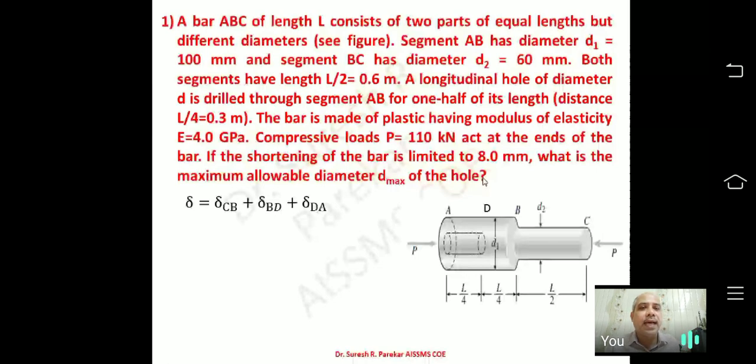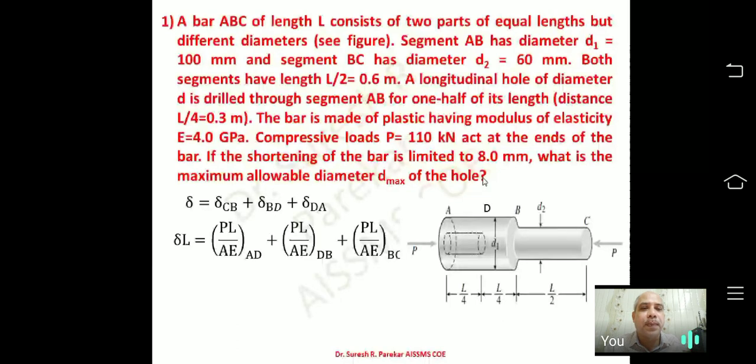So we have delta of these three, and we have this formula, delta equal to PL upon AE, that we have applied for AD, DB and BC. Now DB and BC I can calculate. So you can see we have calculated area of BC, pi by 4 into 60 square.